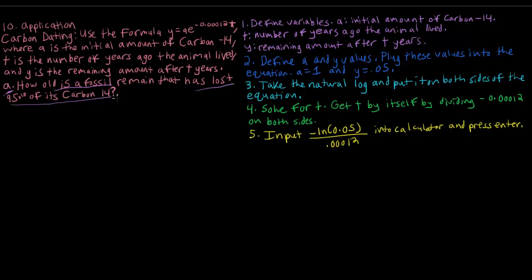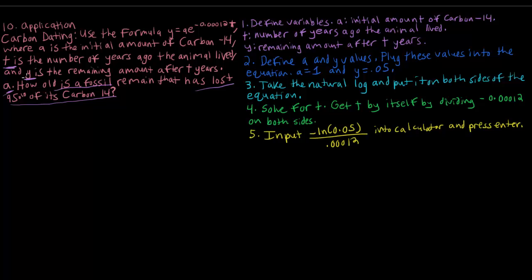So there's some sort of fossil, some sort of dead animal that has some carbon-14 in it, and it's lost 95%. So what are our variables? Well, it talks about t, it talks about y. So it gives us a few of the variables.